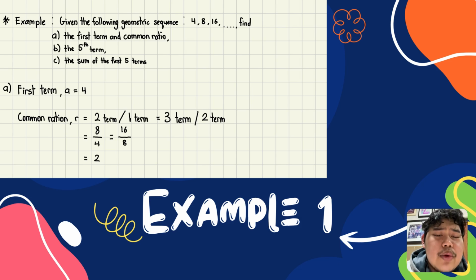So now we're going to use the sum of the first 5 terms. So we need to use the Sn formula. Sn equals A in bracket R power of n minus 1, and R divided by R minus 1 in the bracket too.